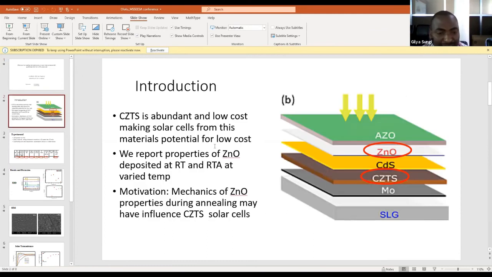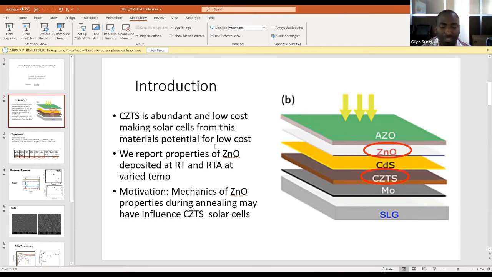CZTS is an abundant and low-cost material, making the solar cell from this material potentially low cost. But it is also a thin film solar cell, which makes it even lower cost, provided few materials are used. Here we report the properties of zinc oxide deposited at room temperature and then rapid thermal annealed at varied temperature.